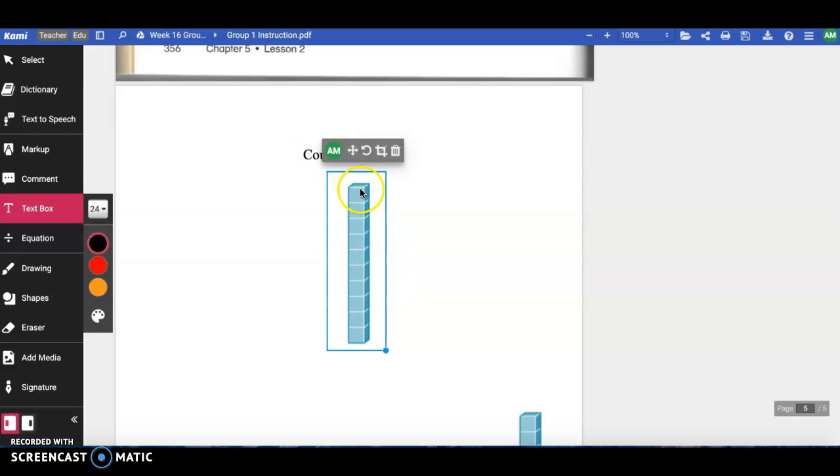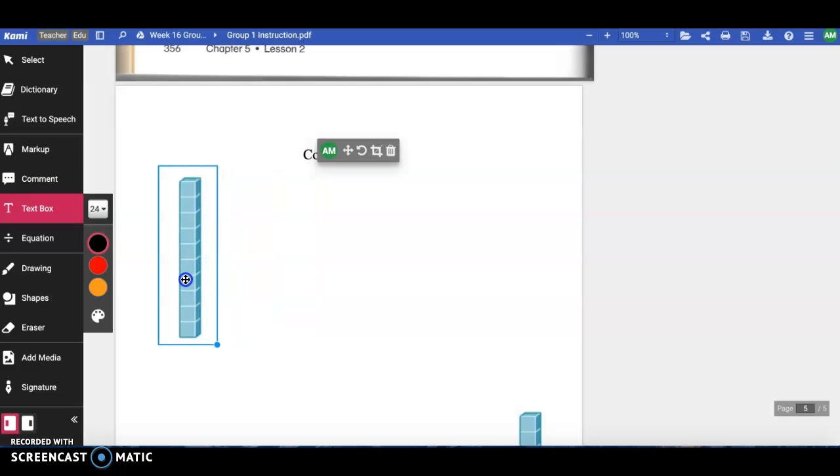We have 1, 2, 3, 4, 5, 6, 7, 8, 9, and 10. 10 cubes. Here we have one group of 10, right? So let's see what happens when we start adding more groups of 10.